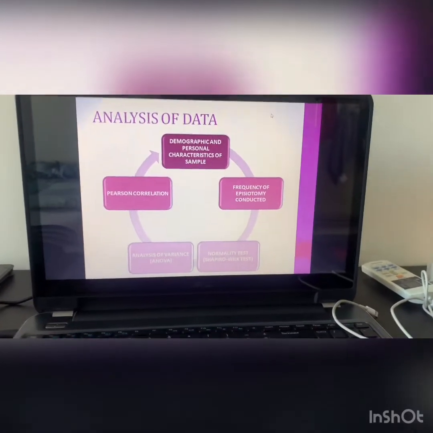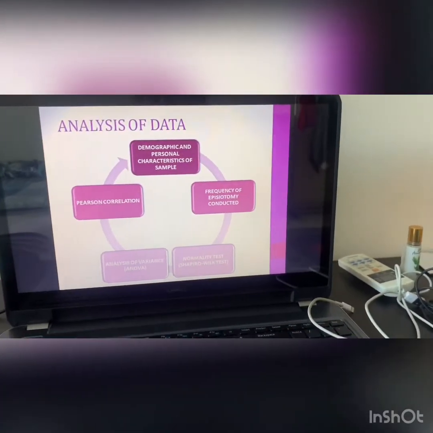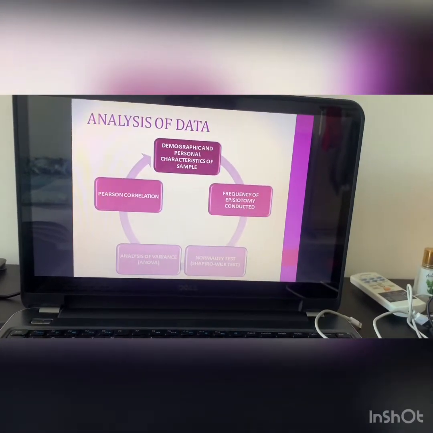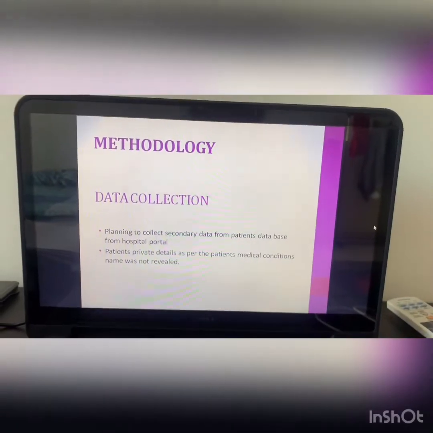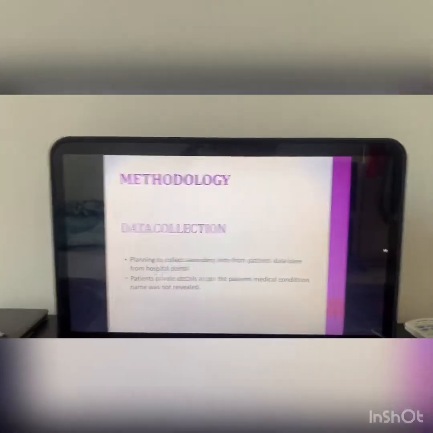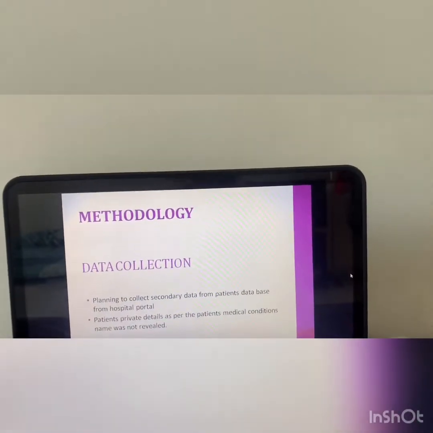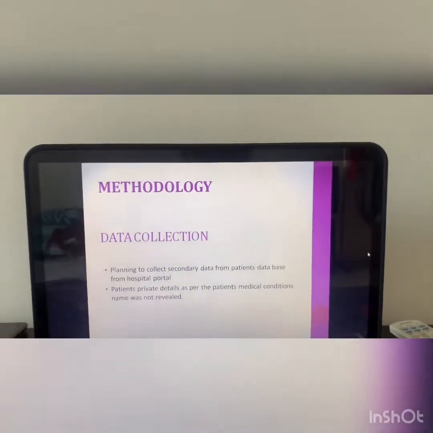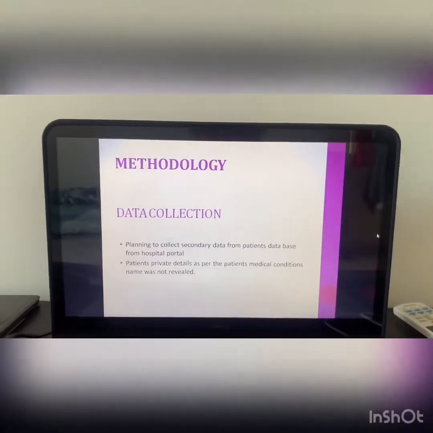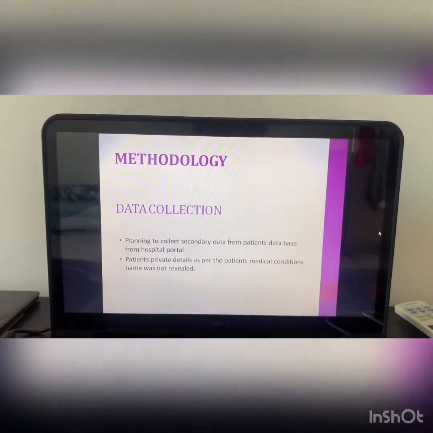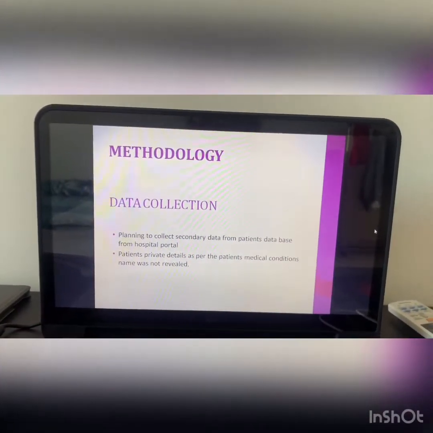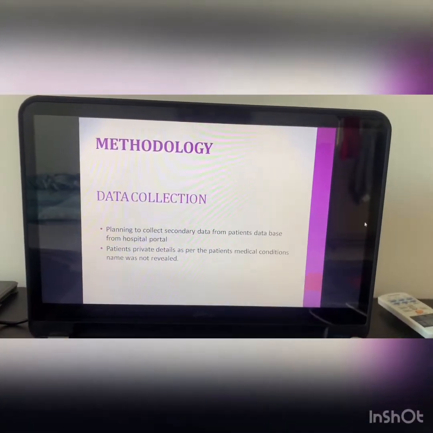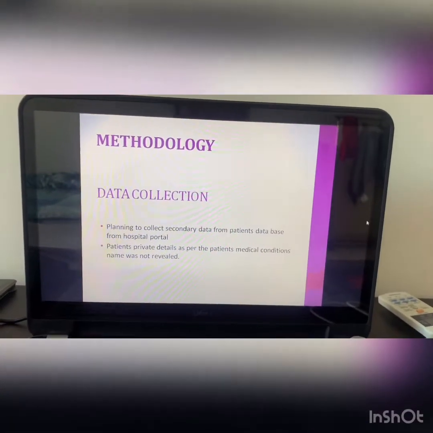So the analysis of data that we're going to use for this, as per methodology, we're going to discuss data collection and analysis of the data. The data was planned to be collected as secondary data from a patient database from the hospital portal, and the patient's private details as per the patient's medical condition will not be revealed.